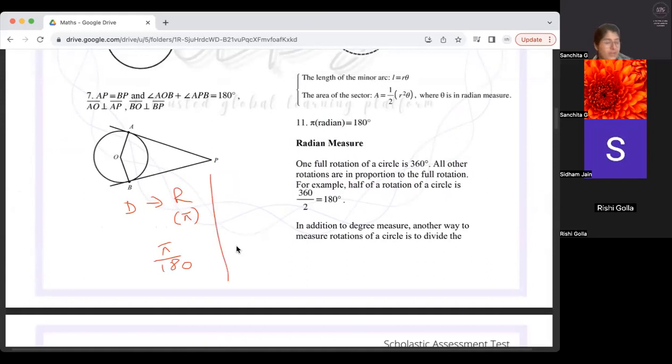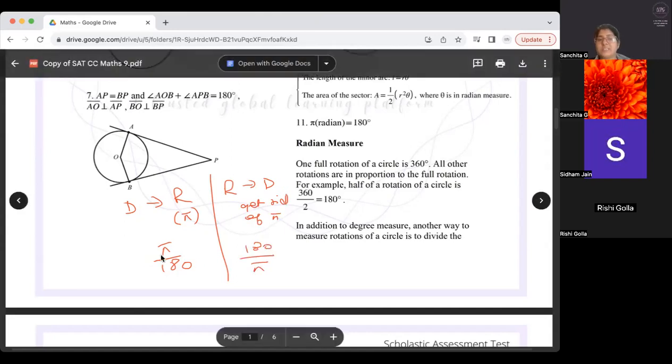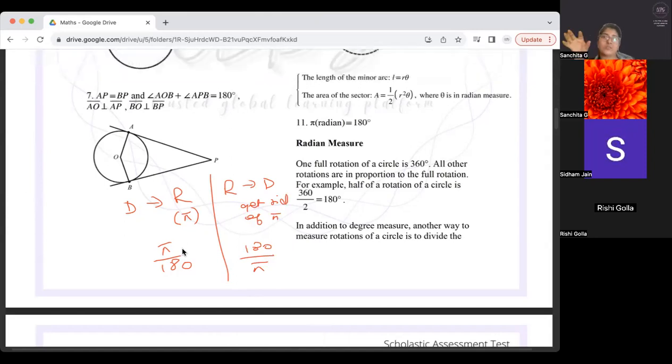Whereas if I want to get radians to degrees, I need to get rid of pi because I need degrees now, so I will divide by pi. Sometimes students get confused about when it is pi by 180 and when it is 180 by pi. They know it is something related to 180 and pi, but they don't know when pi goes in the numerator and when it goes in the denominator. So this is one very nice way to learn the shortcut.